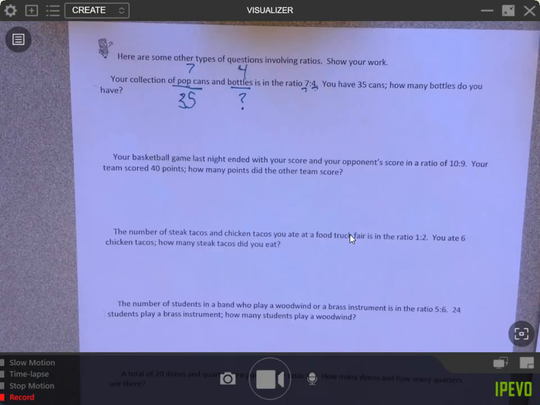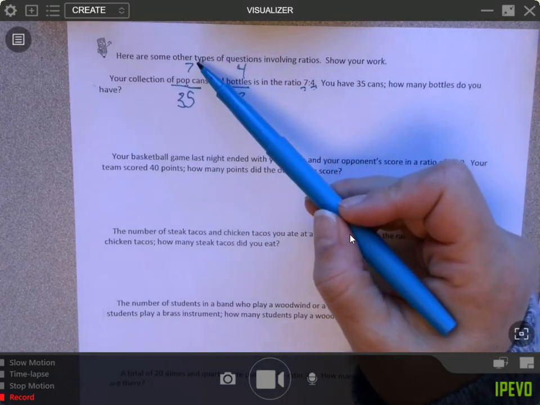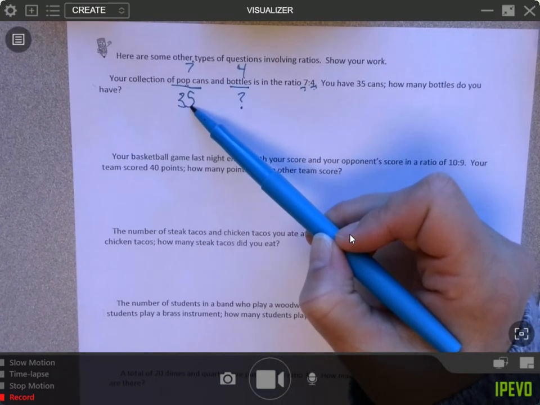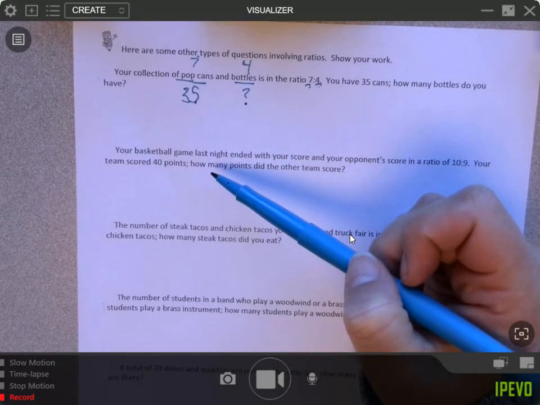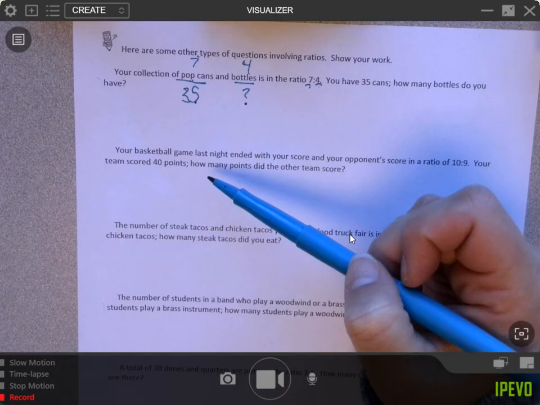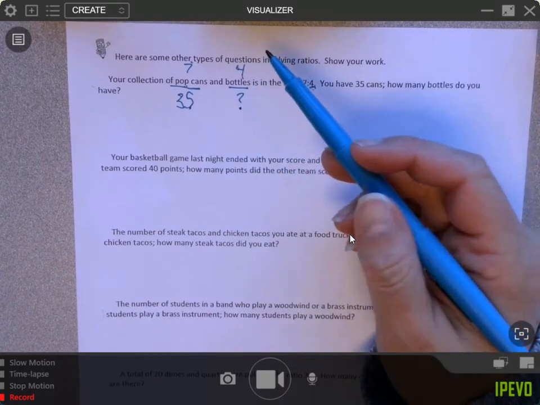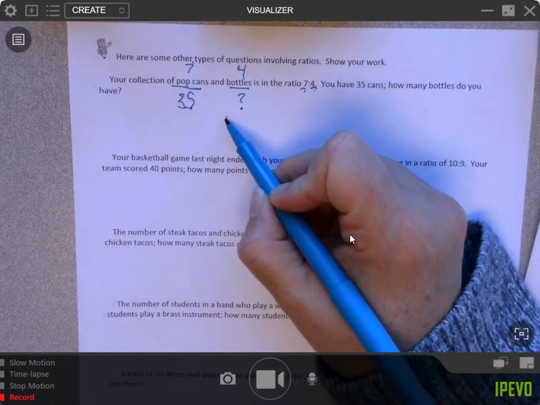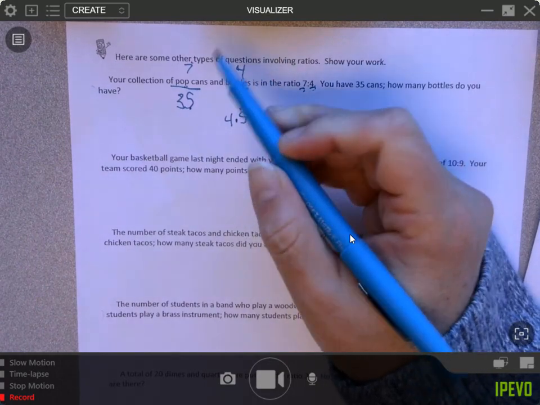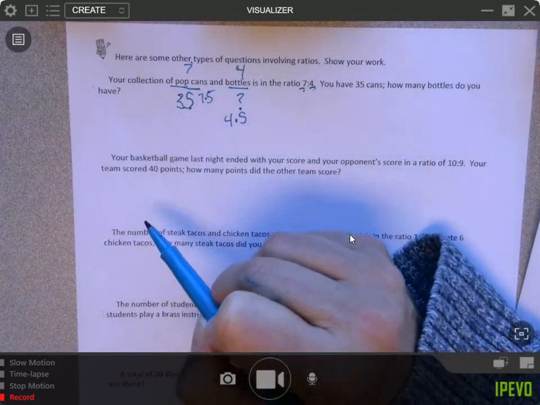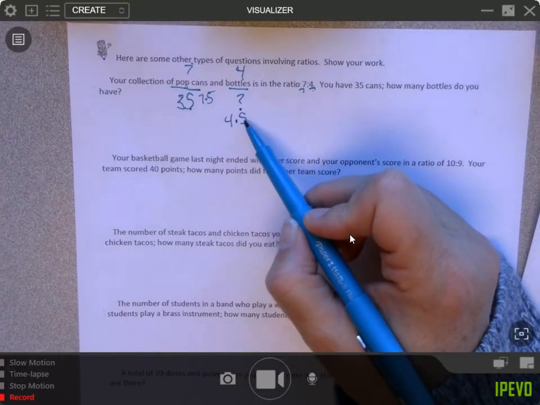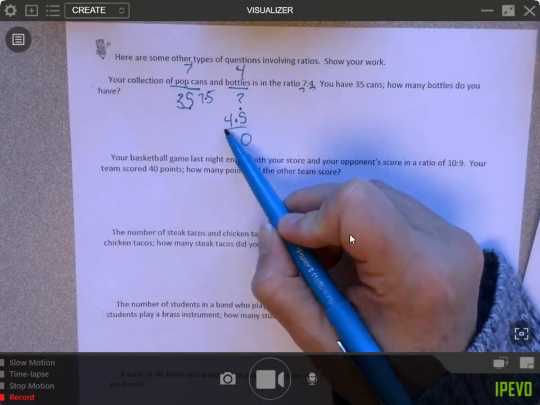A 5. So that's 7 times 5 equals 35. So what do I have to do to figure out how many bottles there are? James? Yeah, I'm going to multiply that 4 by that 5 because here I know it was 7 times 5 is 35. So here 4 times 5 is 20.